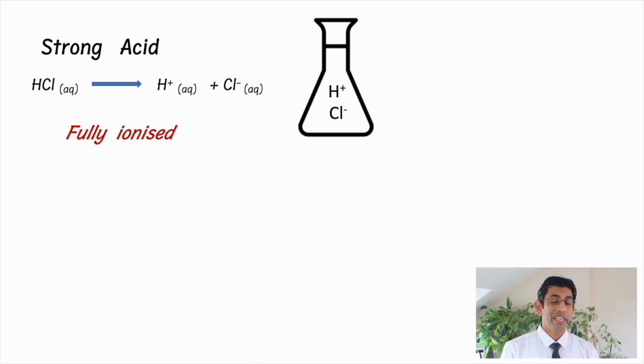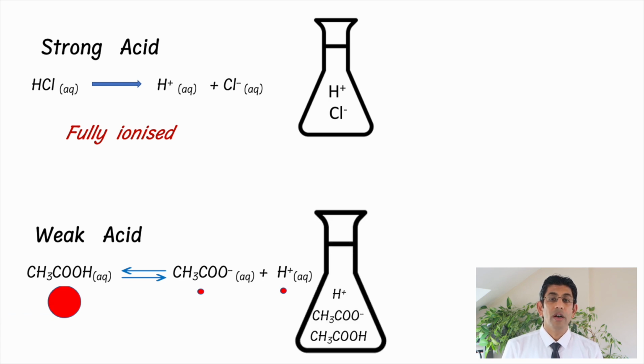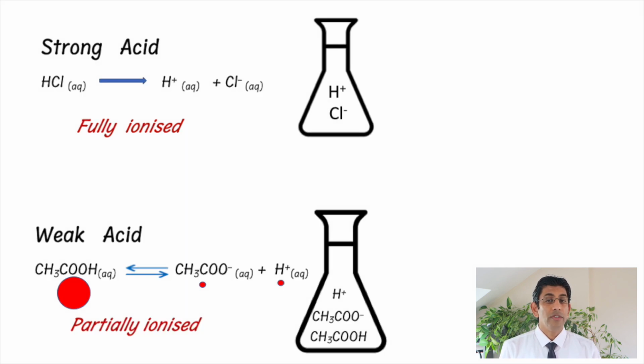On the other hand, the weak acid. Weak acids partially ionize. Only a small portion of the acid breaks down into ions. As you can see on the screen, the example I'm using here is ethanoic acid. It's one of the weak acids. It's broken down into ethanoate ion and H plus ion. As you can see, only a tiny amount of H plus ion and ethanoate ion is forming.